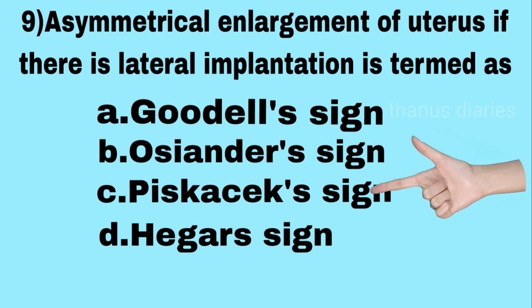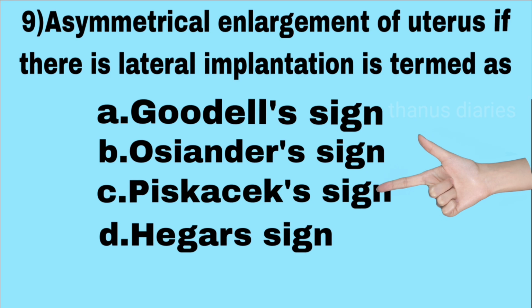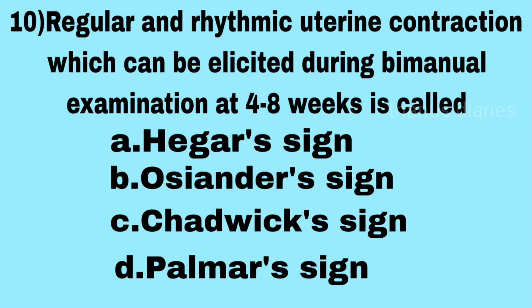The answer is Piskacek sign. Next question, regular and rhythmic uterine contraction which can be elicited during bimanual examination at 4 to 8 weeks is called: Hegar sign, Osiander sign, Chadwick sign, and Palmer sign. The answer is Palmer sign.